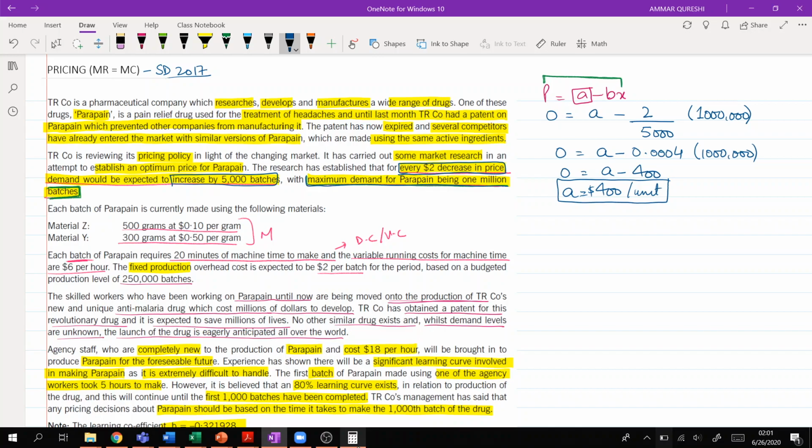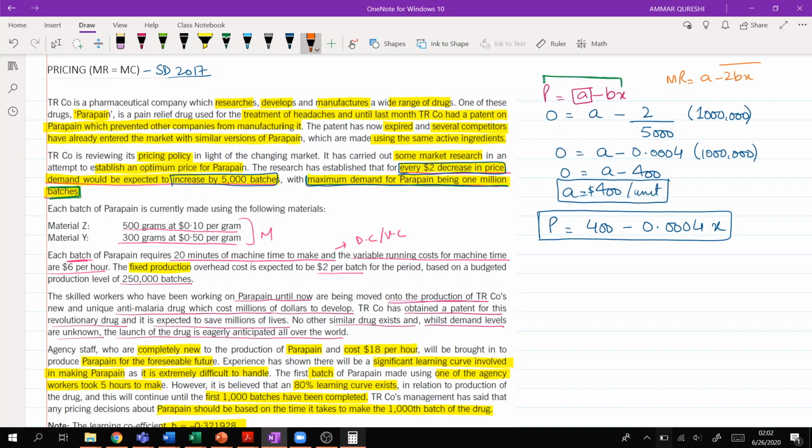So we can restate this P function as P is equal to 400 minus 0.0004 of x, right? So this is basically our price equation. Now the next thing we have to do is convert it into marginal revenue. As I told you, you don't have to worry about derivatives. For accounting students, marginal revenue is equal to A minus 2bx.